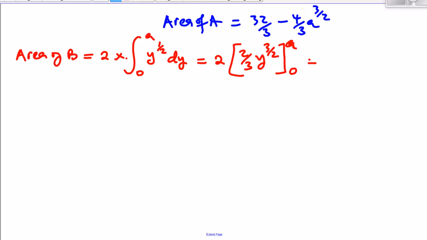And if I plug in a, I'll just have 4 over 3 a to power 3 over 2.